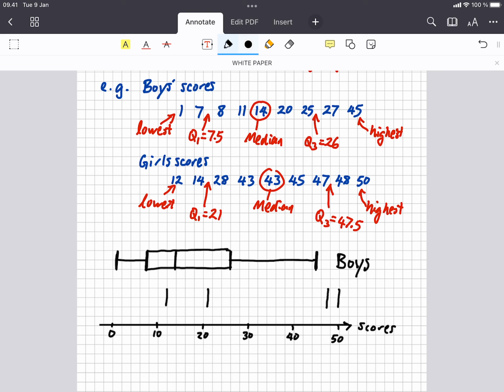And that makes our box, the middle 50%. Our whisker makes the range of the data. And then finally, the median for the girls is 43, so that is just about there. So there's the median.